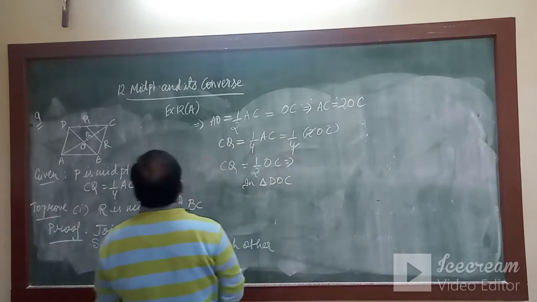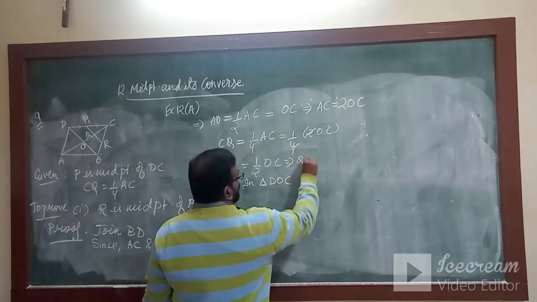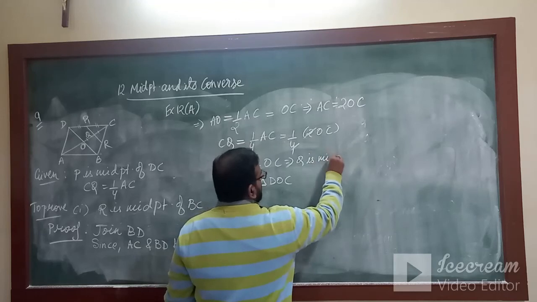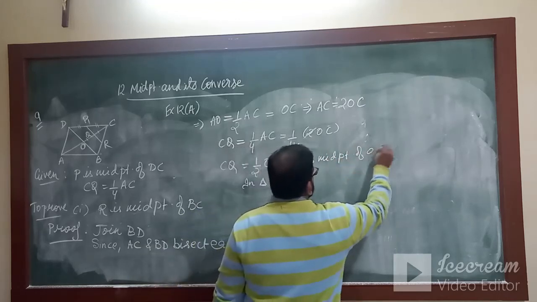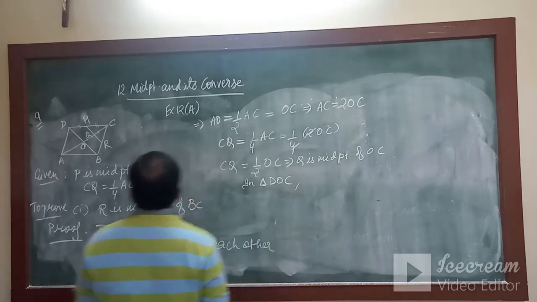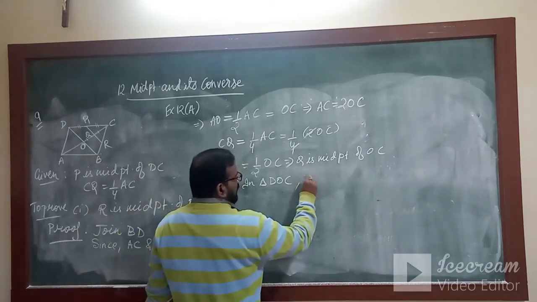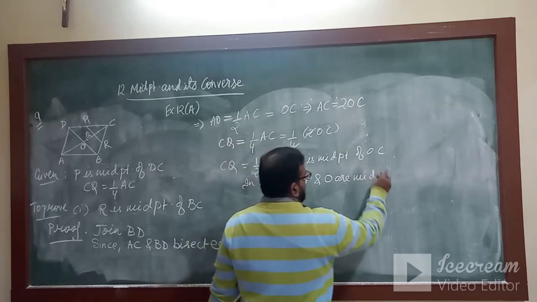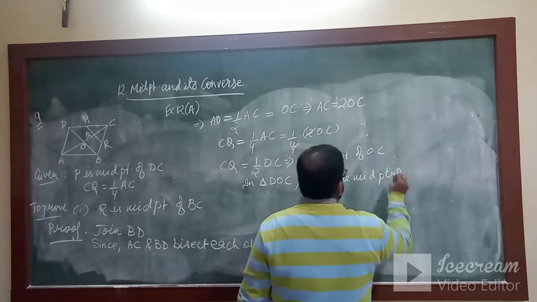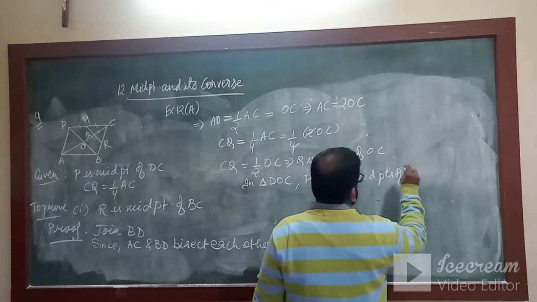Okay, here we can write what we got. Q is midpoint of OC. So in triangle DOC, P and Q are midpoints of which two sides? DC and OC.